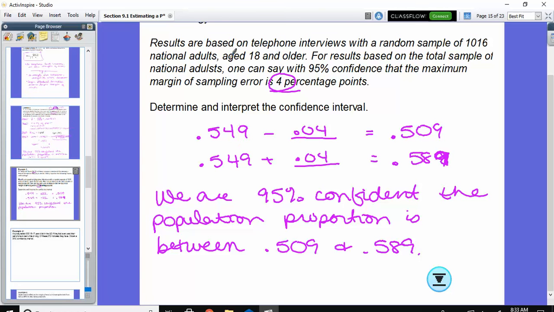Why don't we multiply by the standard deviation? They'd already calculated the margin of error. Oh, okay. So they did all the calculations for us. We just put it in a confidence interval.